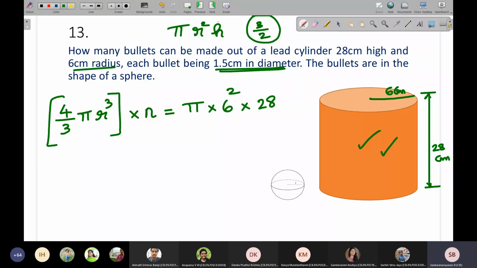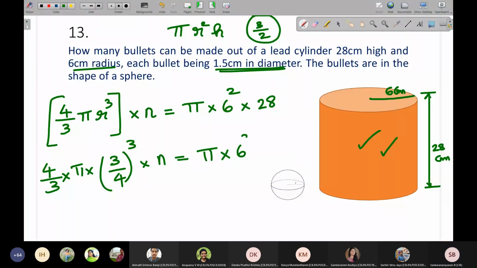Okay, so we can see here 4 by 3 into pi into r cube, that is 3 by 4 the whole cube, into n number of bullets, is equal to pi into r square into h. Is it clear to you? We can now cancel pi that is present on either side of the equation.